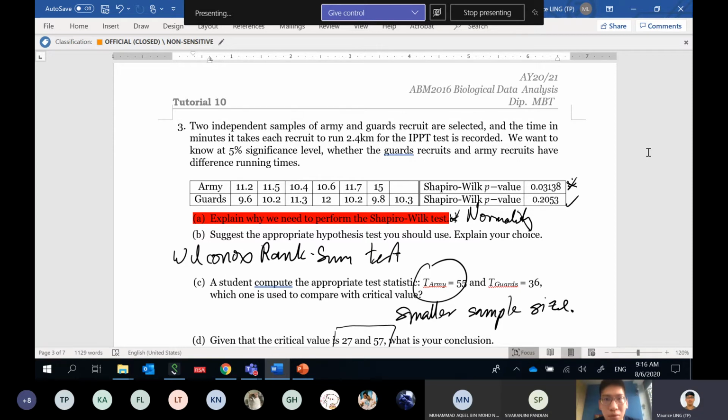Okay, the only reason here is if the army recruits doesn't follow normal distribution. That's the only reason. If both are normally distributed, then you'll use a t-test.